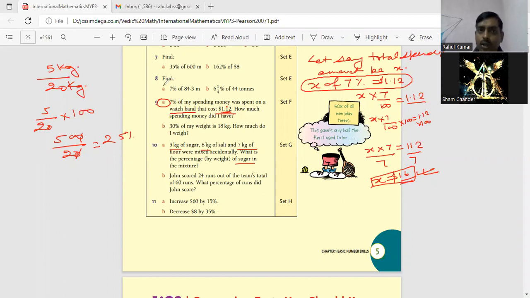Instead of this, B question, find 8A. 8A, sir. 7% of 84.3 meters, sir. To find the 7% of 84.3 meters, we first need to find 1% of it, which should equal 0.843, sir.